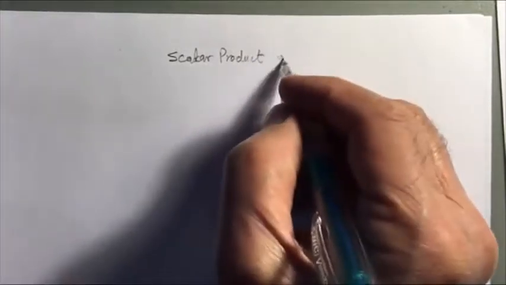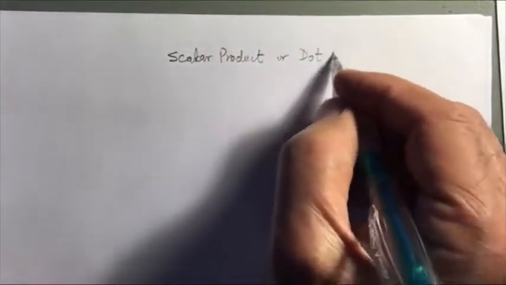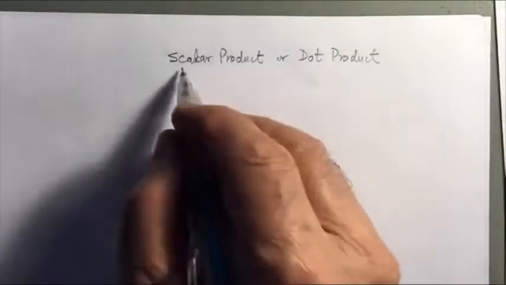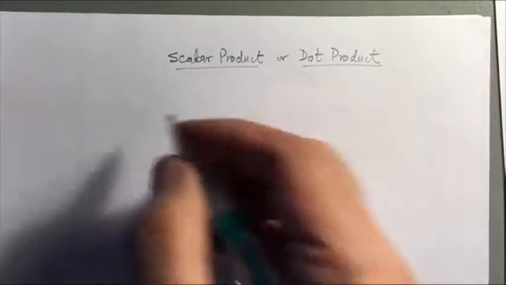So now we look at the dot product, or what we call the scalar product of two vectors. It's also called the dot product because the way we write it is by using a dot.